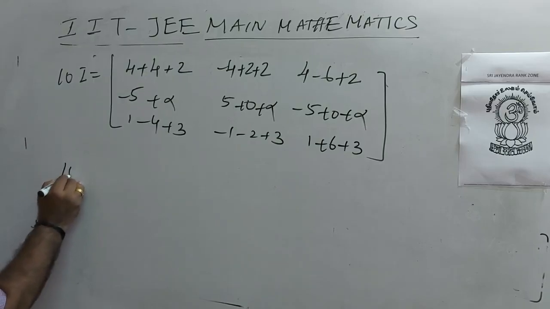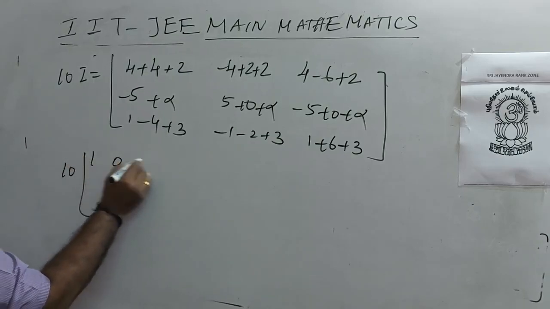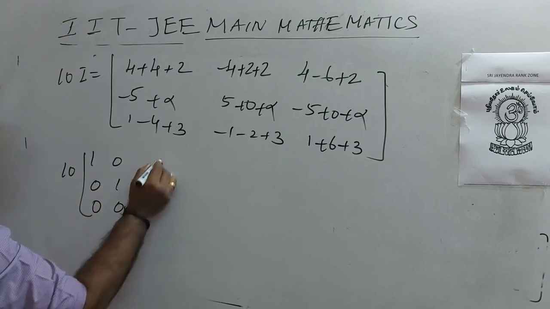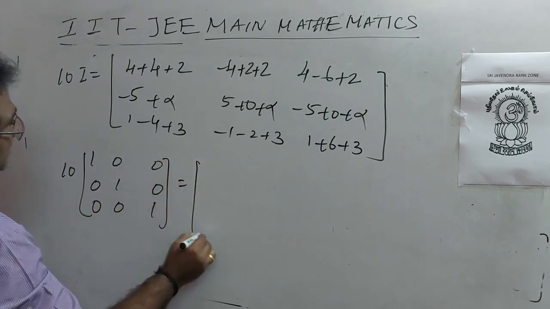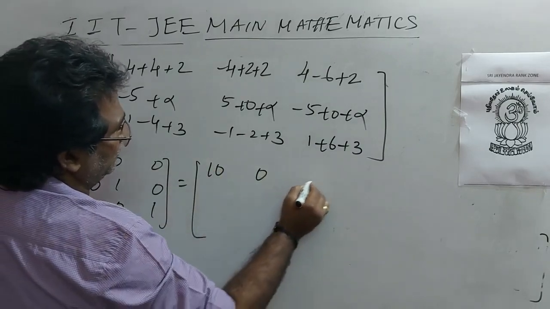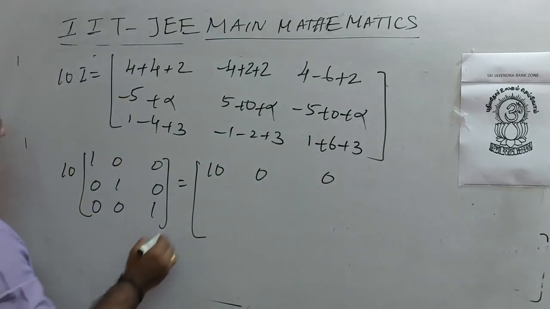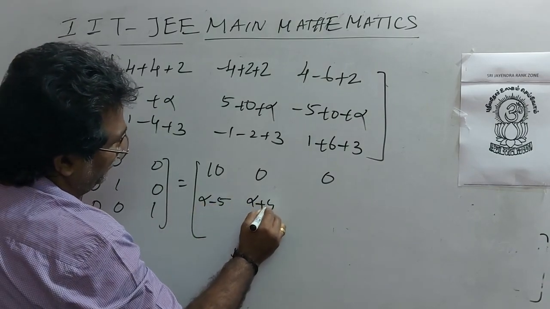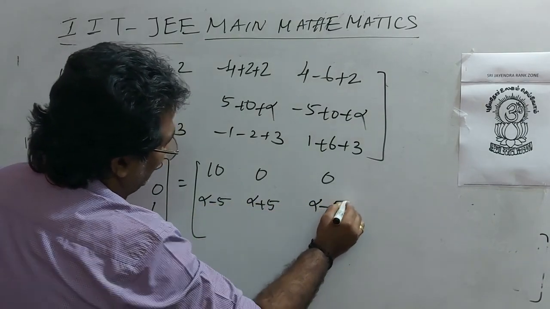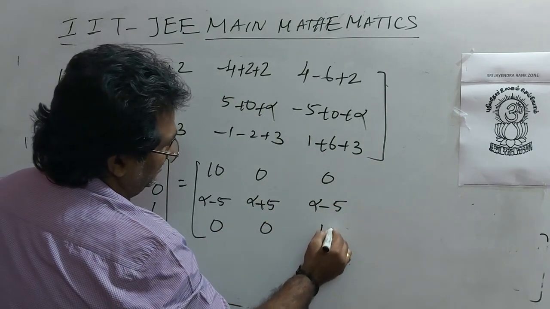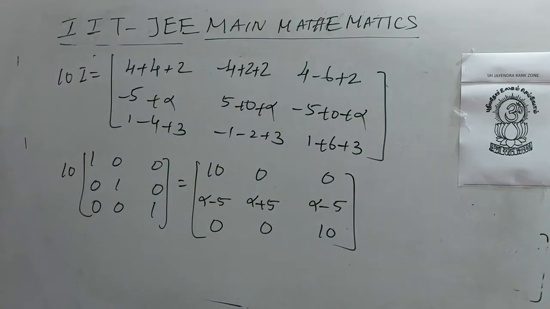So 10 into the identity matrix 1 0 0, 0 1 0, 0 0 1 equal to, here 10 0 0, alpha minus 5, alpha plus 5, alpha minus 5, 0 0 10.